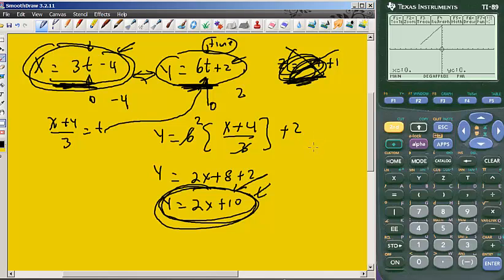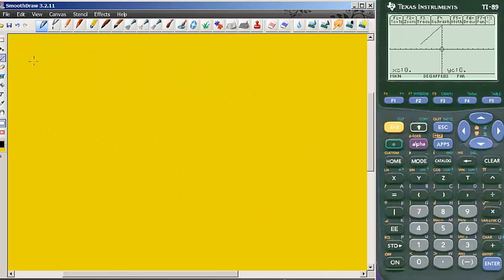Let's do one that is not a line. Here's another example. Let's say x is equal to square root of t, and y is equal to 2t plus 4.